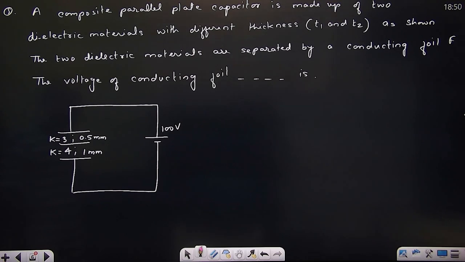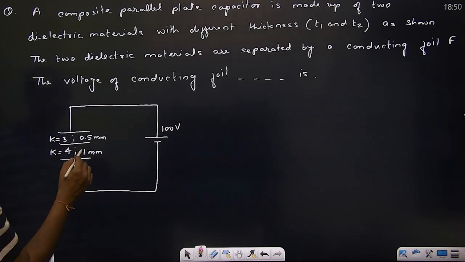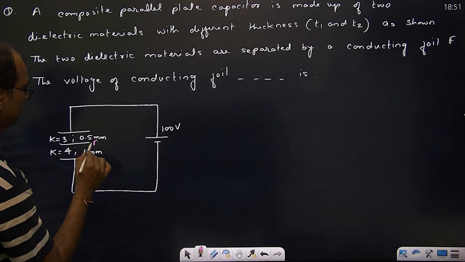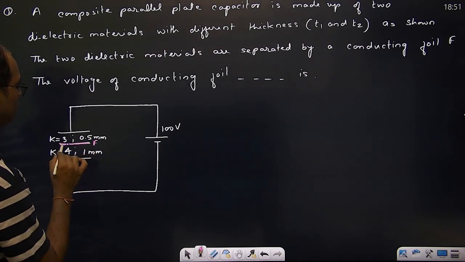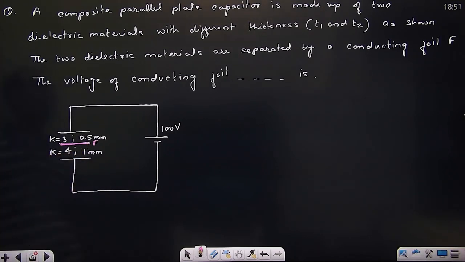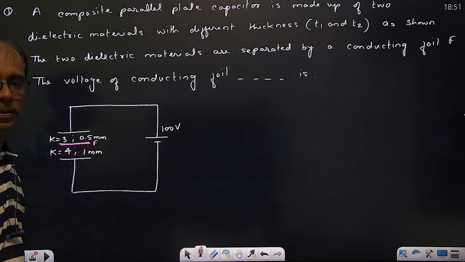As shown in figure, the two dielectric materials are separated by conducting foil F. This is the foil. These two capacitors are separated by a conducting foil F. The voltage of conducting foil is. What is the voltage of this?